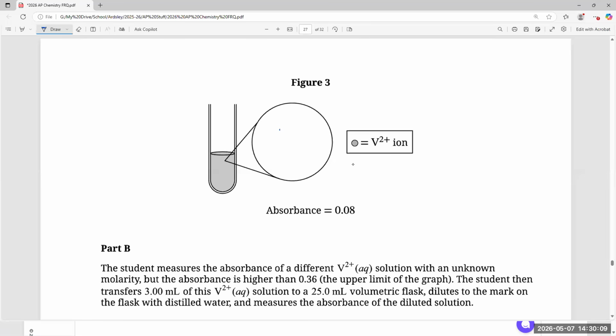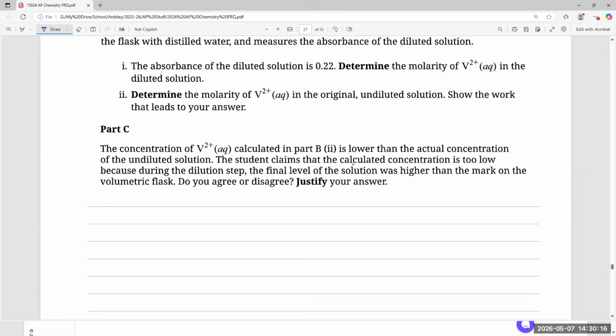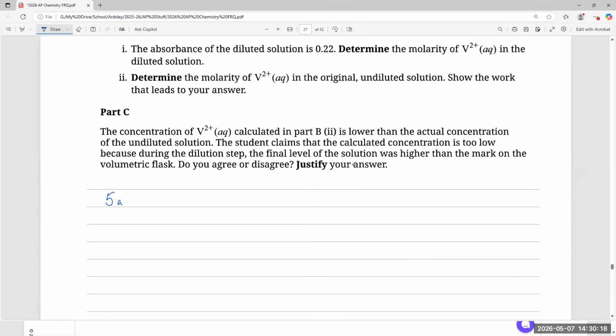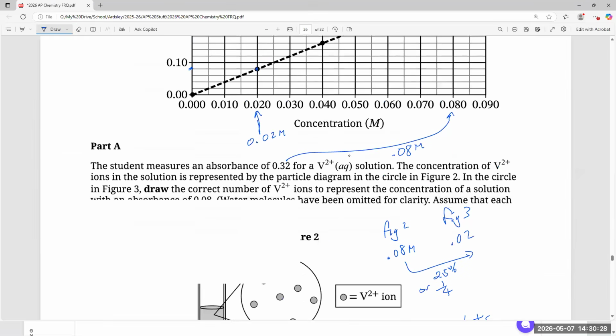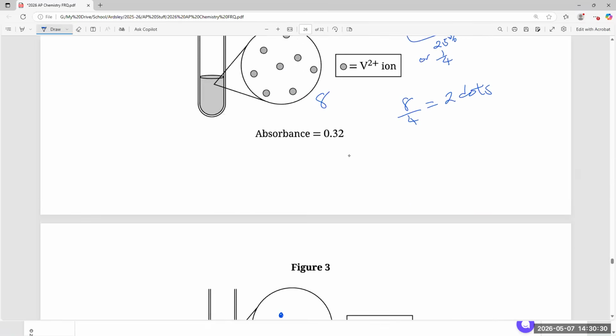In figure 3, I'm going to make 2 beautiful dots, and we're done. So that's part A. Part A, done. Let's check it off. All right, let's go to B.